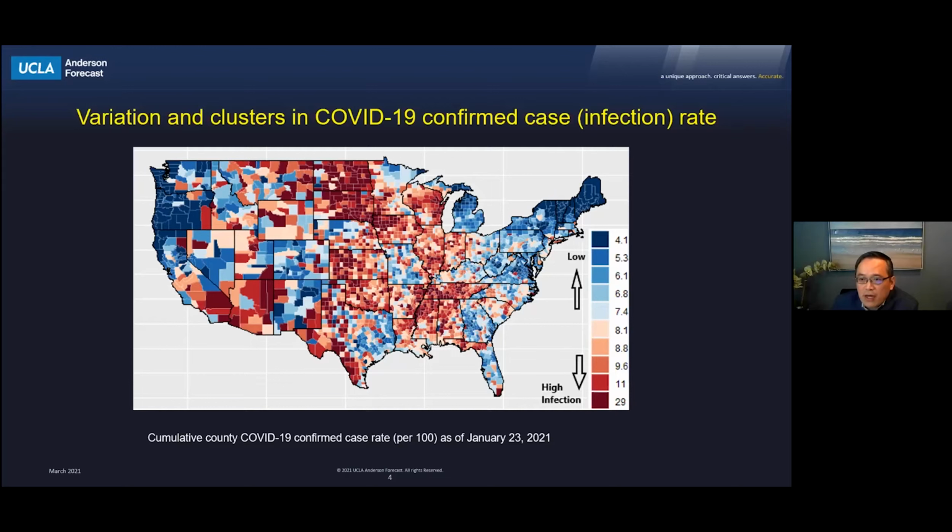Note that there might be some measurement errors of the case rate because some people might have contracted COVID without any symptom or had never been tested. We also analyze which factors contribute to the variation of the infection rate. Our main focus is still on the mortality rate because we believe it is less contaminated by possible measurement errors.